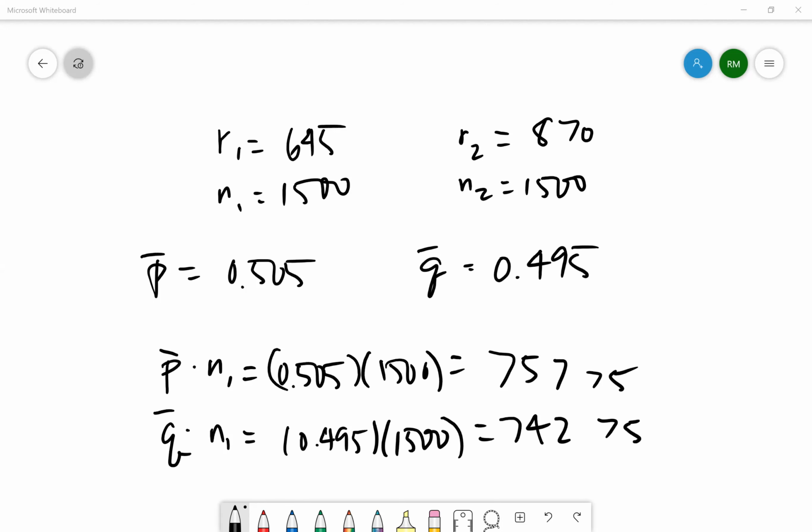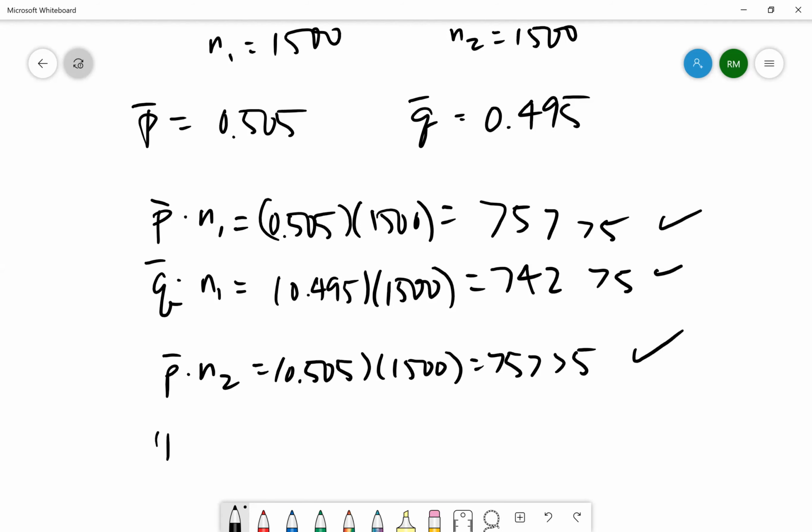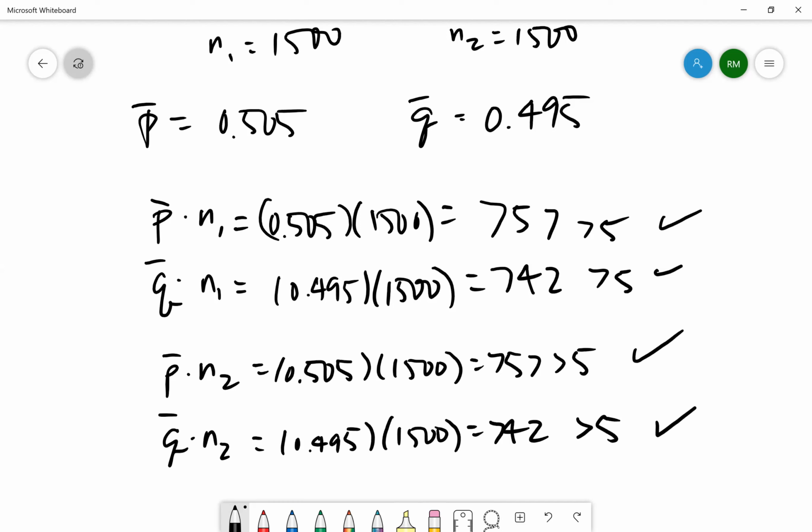So we need to check that P bar times N2 is bigger than 5, which it is, and Q bar times N2 must be bigger than 5, and that's also true. So these 4 conditions are what we need in order to do this hypothesis test, and they're all true. So we can proceed with the hypothesis test.